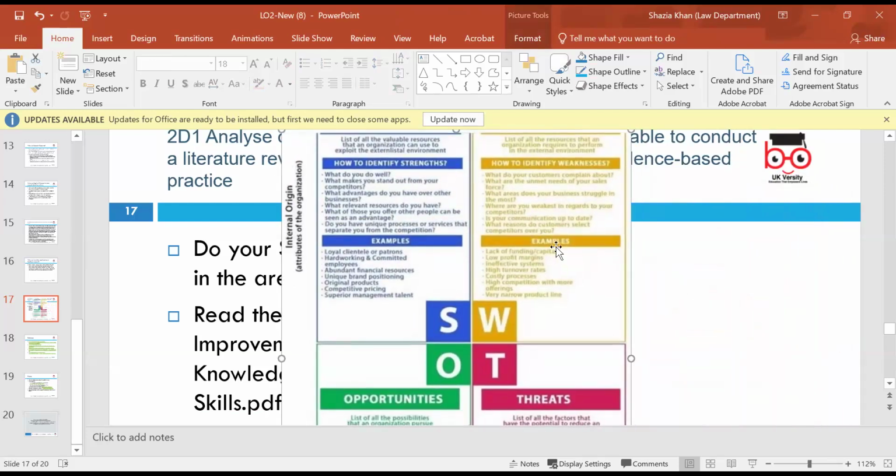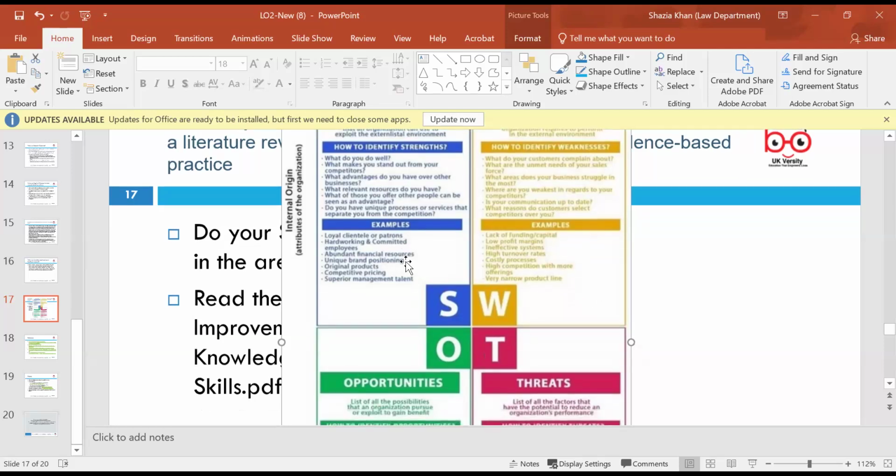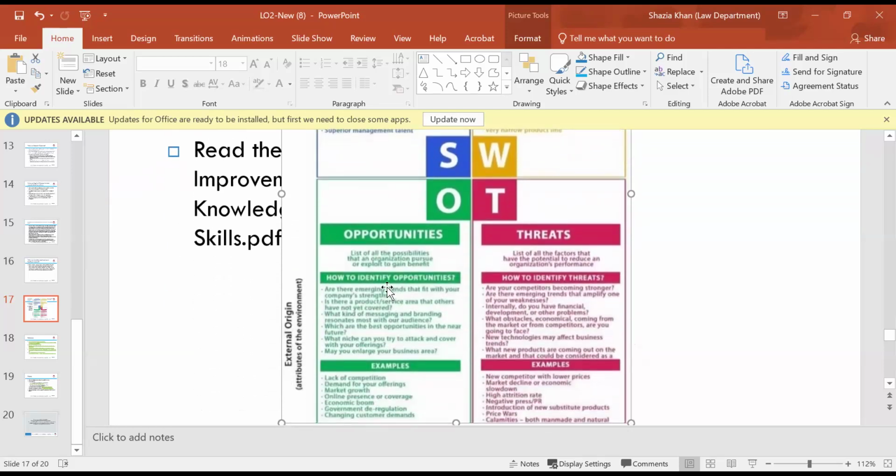Then you've got your weaknesses. What do customers complain about? Weaknesses could be lack of funding, profit, or systems. Then you have opportunities: a list of all the possibilities that an organization can pursue, exploit, or gain benefit from.